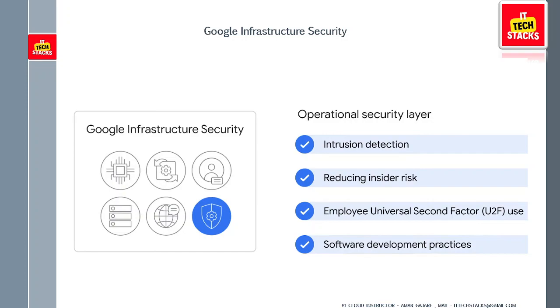Additionally, Google runs a vulnerability reward program where we pay anyone who is able to discover issues. Sometimes you have heard that some user in some country found an issue in Google.